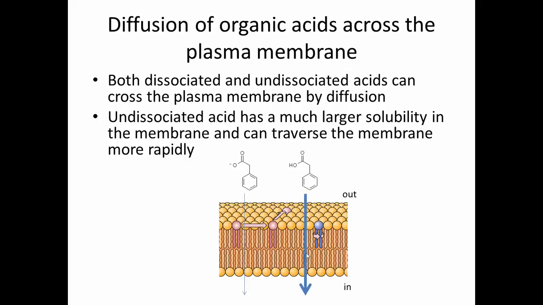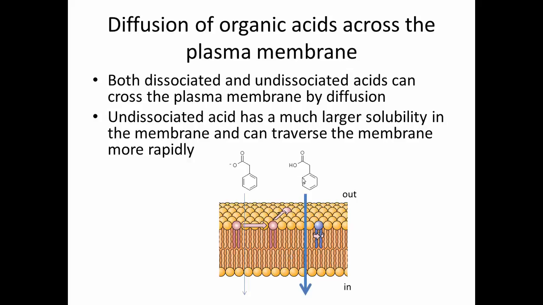And what's the best way to do that if we don't have a transport protein? Well, both dissociated and undissociated acids can cross the plasma membrane by diffusion, but undissociated acids have a much larger solubility because they don't have that negative charge like the dissociated acids do. They have a much larger solubility in the membrane, and so can thus traverse the membrane more rapidly.